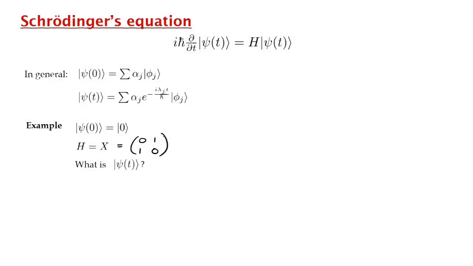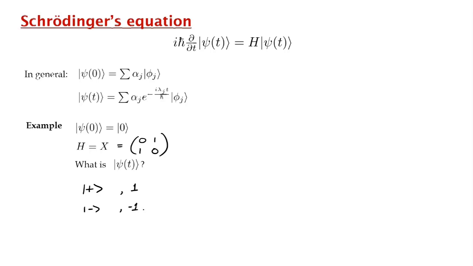So what are they? Well, X is a matrix we've seen before. It has eigenvectors plus and minus with eigenvalues 1 and minus 1. Okay, so these are the states of definite energy, and the energies are plus 1 and minus 1.